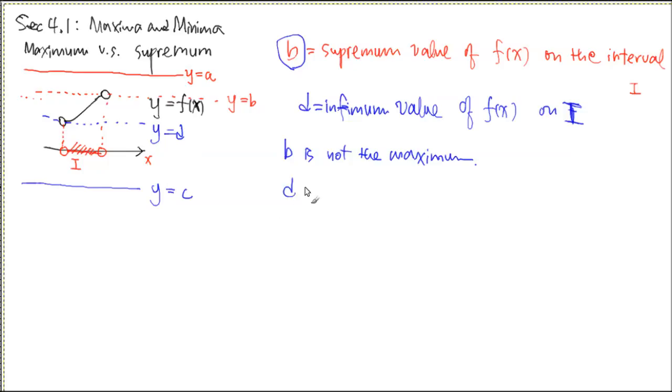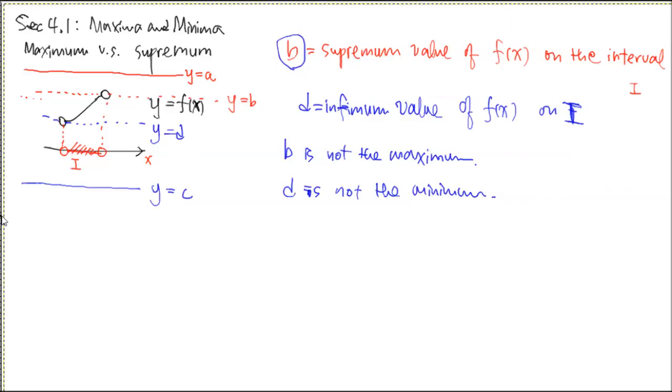And d here is not a minimum because there's a hole and no actual point there, so d is not the minimum. This graph of a function does not have a maximum and does not have a minimum. It does have a supremum, and it does have an infimum.